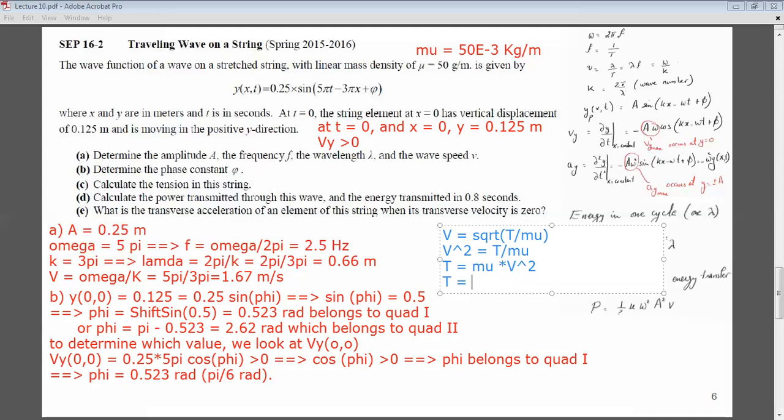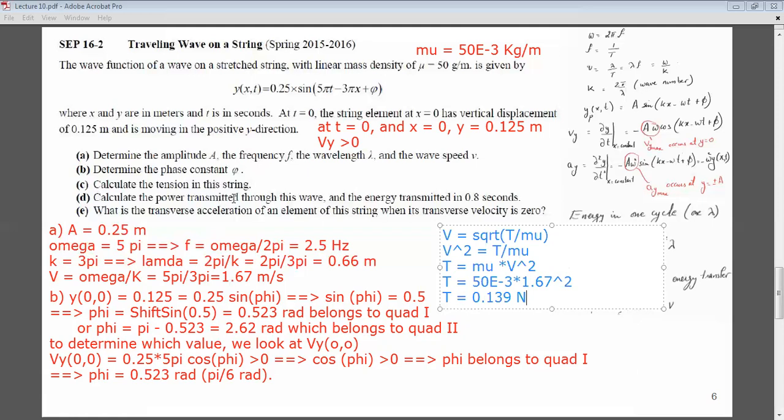Mu is 50 e to the minus 3, times V, which we calculated here, 1.67 squared. And I get my tension to be 0.139 Newton.